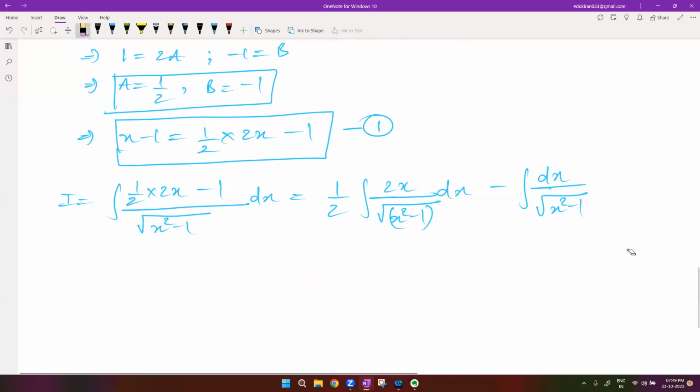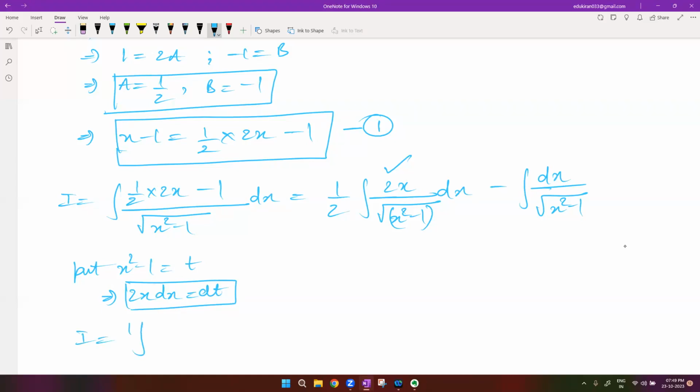To solve the first part, put x square minus 1 as t, and then differentiate. So you will get 2x dx as dt. So this first part is nothing but 1 by half dt divided by root t.